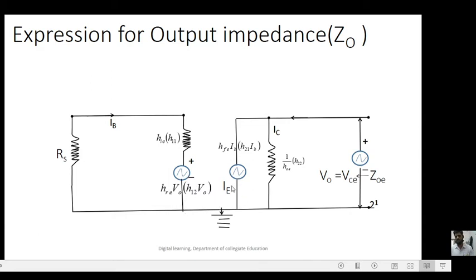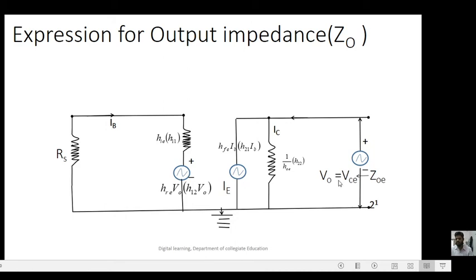Also HFE IB, or H21 IB, is the current source at the output port. IC is flowing into the amplifier.